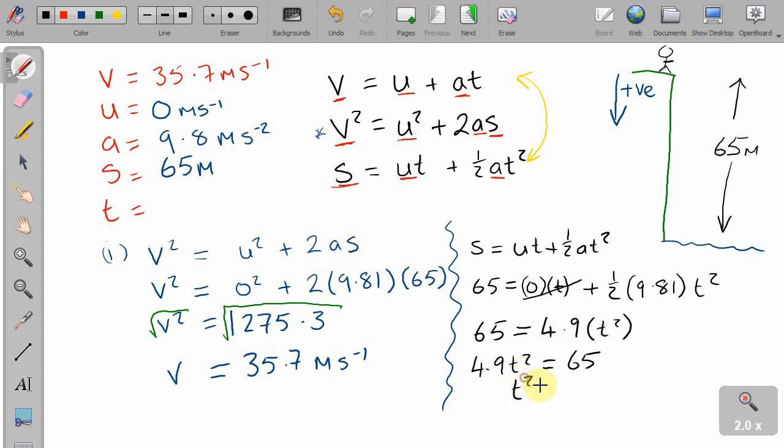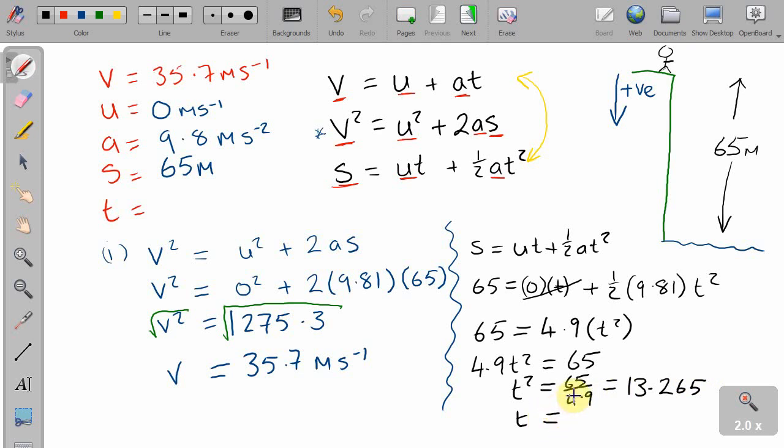So t squared then is equal to 65 divided by 4.9. So 65 divided by 4.9 would give me a value of 13.265. And so t then, I'd have to get the square root of this to get t, which means I'd have to get the square root of that.